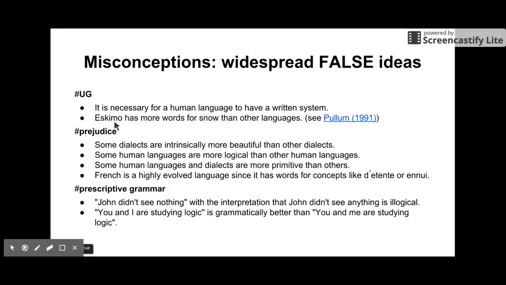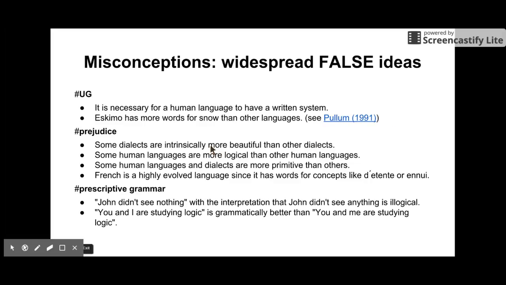If you are interested in this statement, you can read this paper. Actually, English has about 50 "words" for snow. I have to use quotation marks for words because actually it's called lexeme. And Eskimo has about 50 lexemes for snow as well.